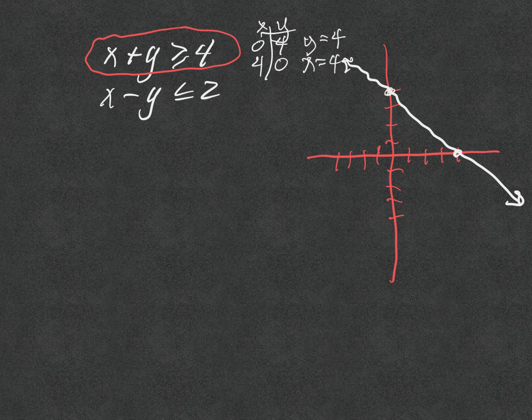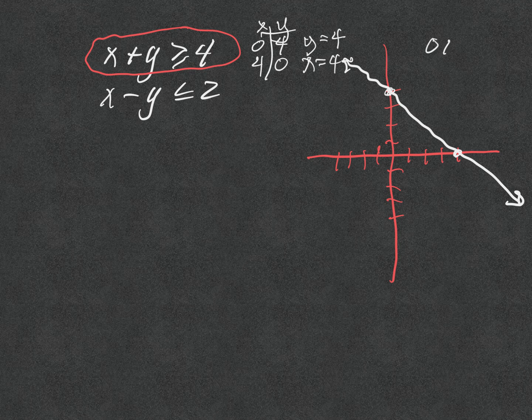And then we would shade on whichever side of the line. In general, I pick a point on the x-axis or the y-axis, or I pick the origin if I can, as long as it's not on the line. In this case, the origin isn't on the line, so I'm going to check.